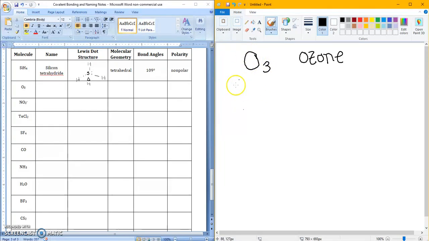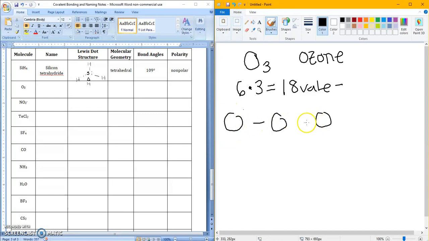So, oxygen has 6 valence electrons. There are 3 of them, so I'm going to multiply by 3. There we go. 6 times 3 is 18 valence electrons. Alright, now in this case, there's only one atom. So I'm going to put an oxygen in the middle, I'm going to put an oxygen over here, I'm going to put an oxygen over here, and they are going to be bound together.